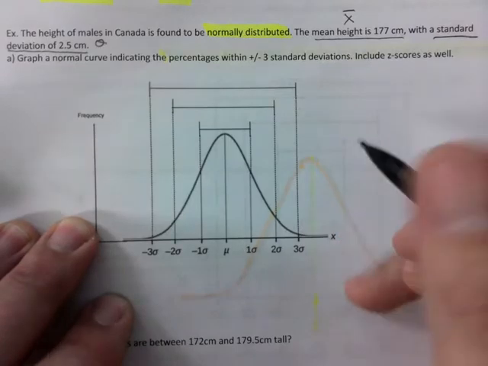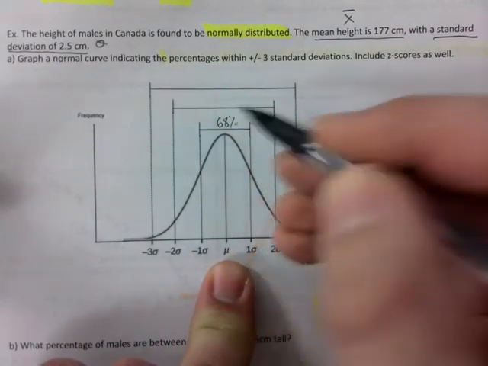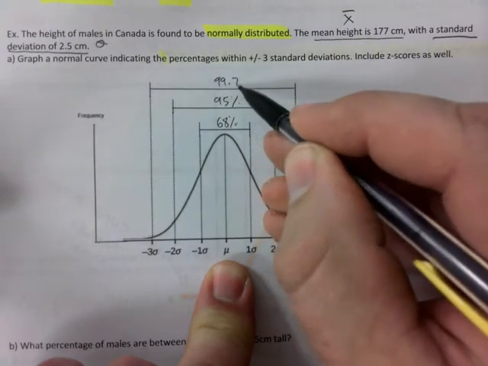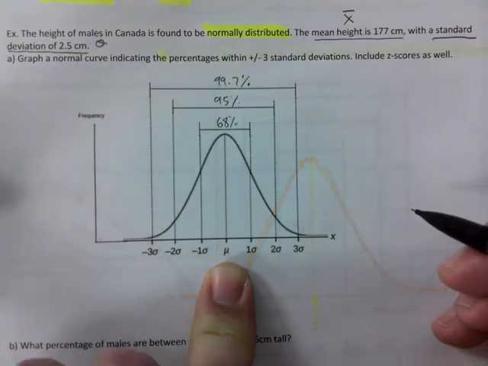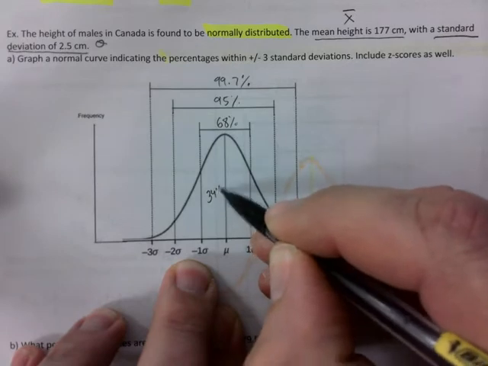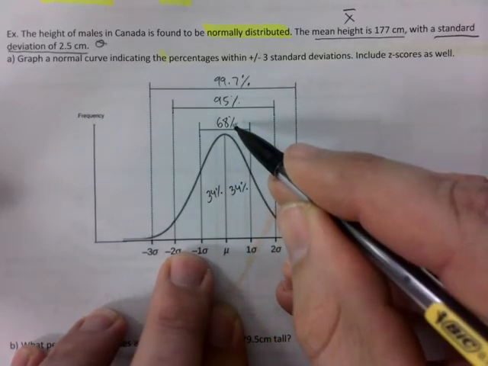So what we're going to do is, let's go ahead and get this out of the way. 68, 95, 99.7%. We know that already. We know that this is 34 and this is 34. You're just splitting the 68 in half.